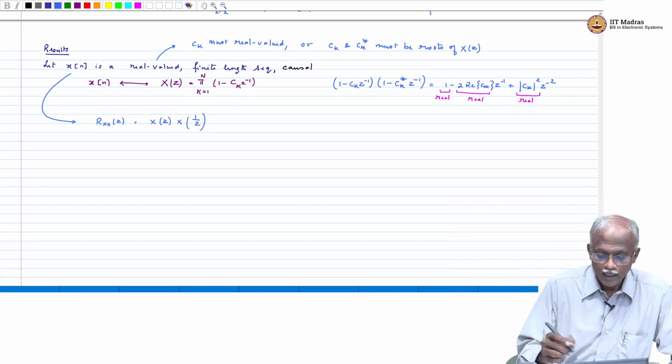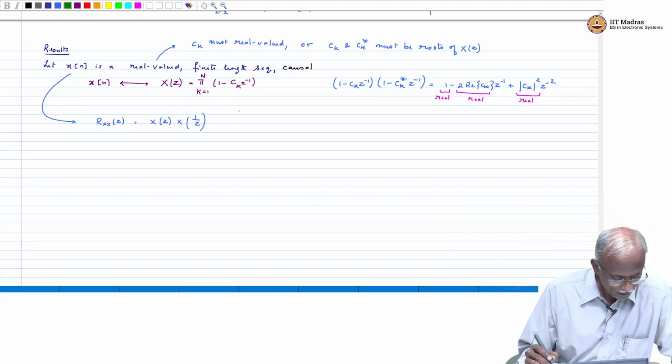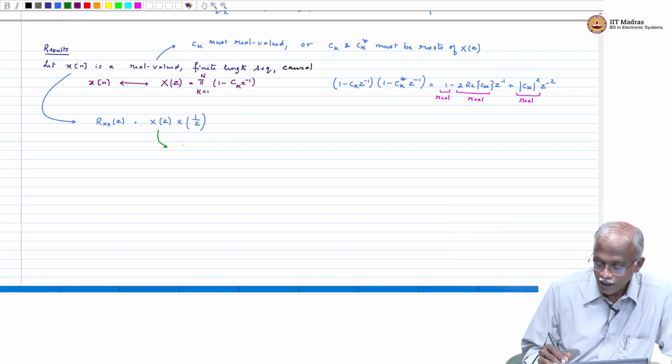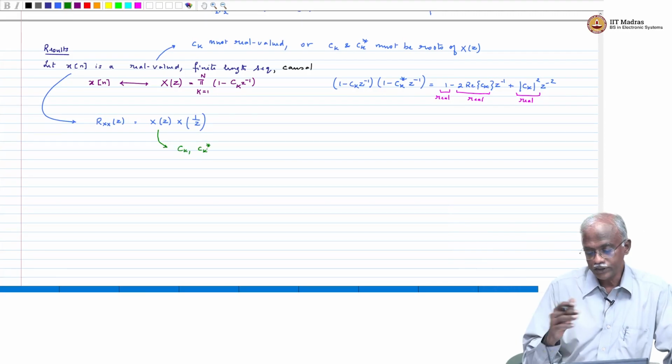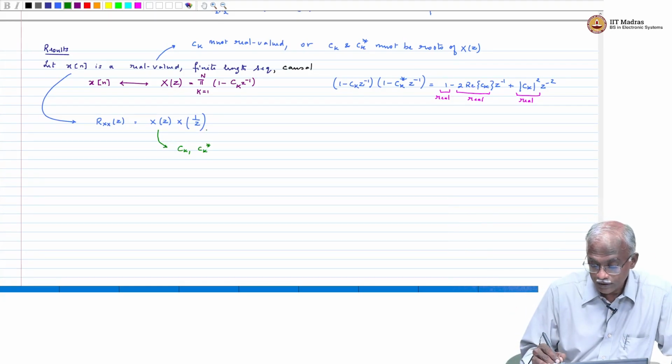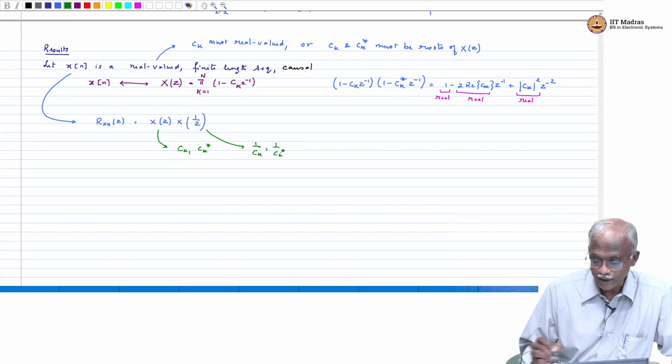Then what we recognize is that for X of z, you will have ck and ck conjugate as the roots, assuming they are complex valued. Then this term will give you 1 over ck and 1 over ck conjugate.